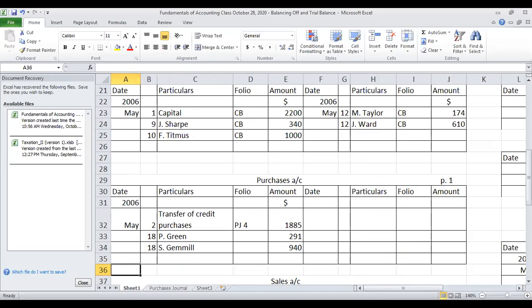Anybody not seeing the screen? So the one you did a while ago. Which one? Debit purchases with P Green and SGML. Which account do you want to see? Jodine, which account do you want to see? Answer me, young lady, please.